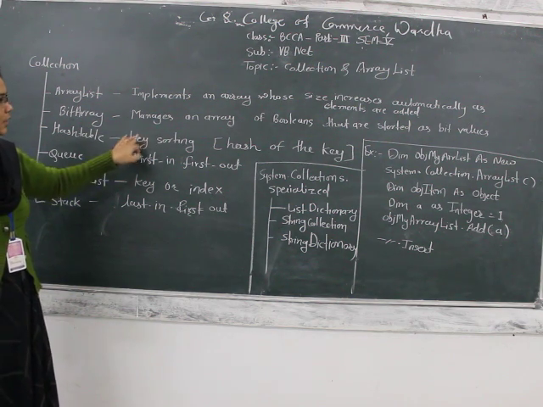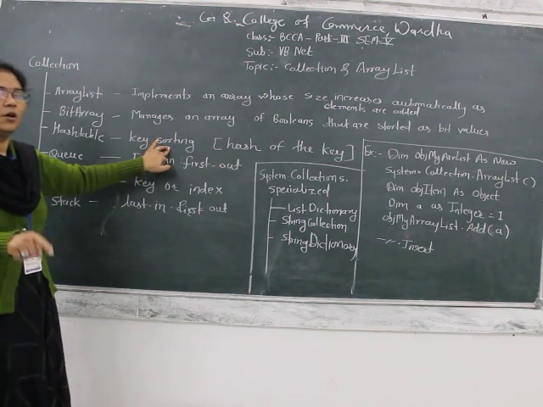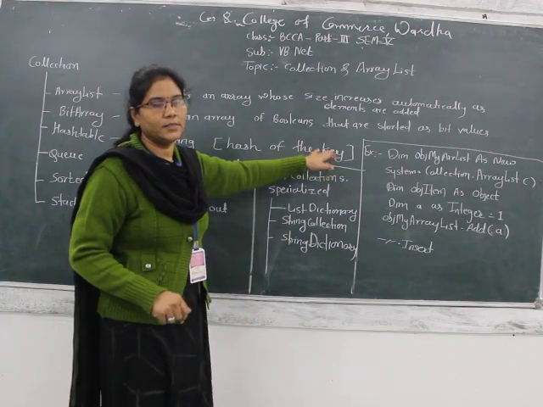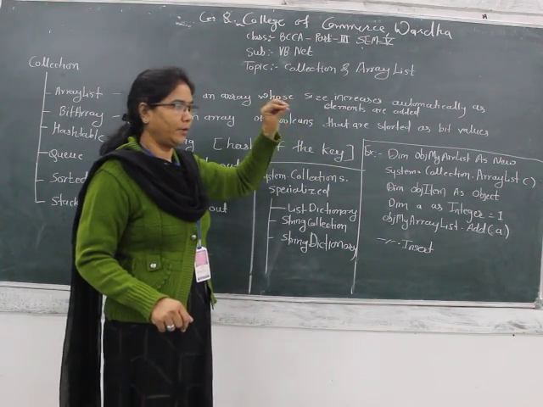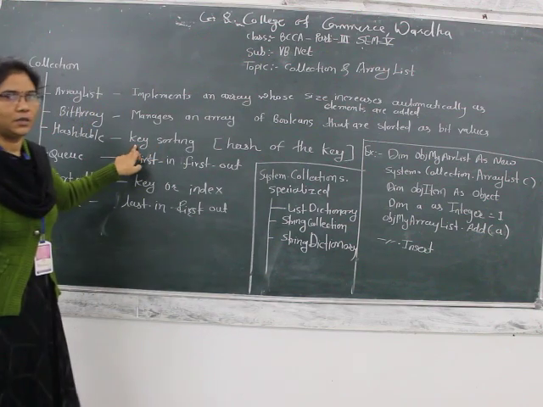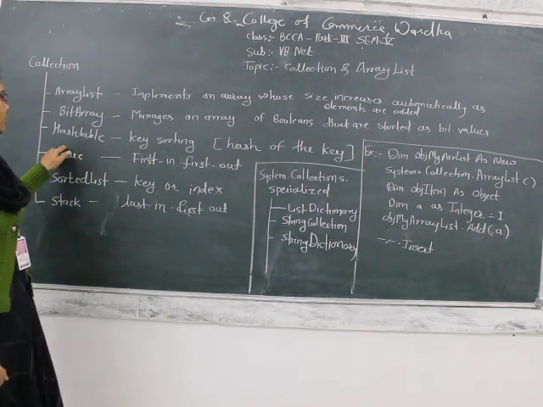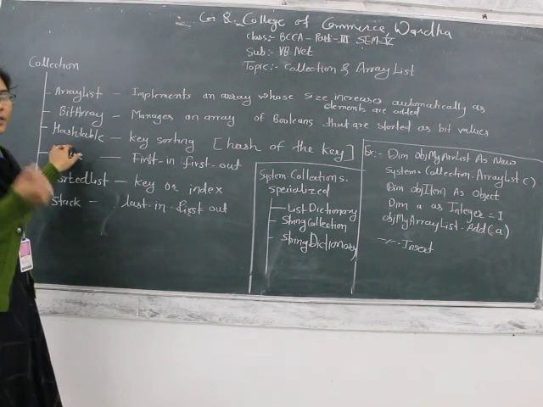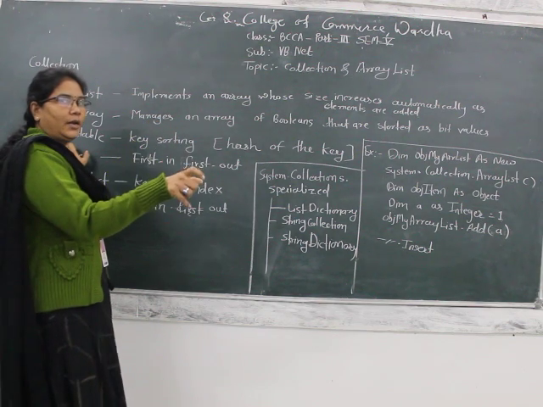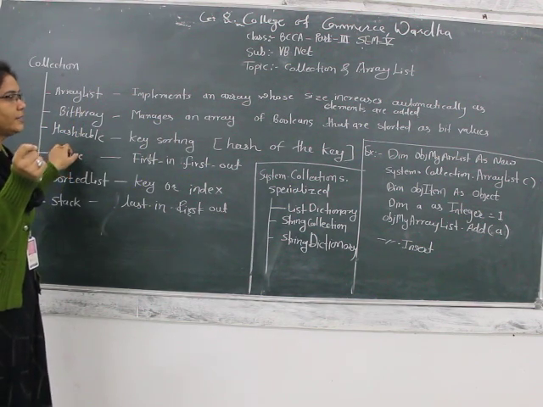This key has a sorted order, ascending or descending. So hash of the key means the particular element is identified by its key value. When we require to fetch that particular element, we just need the key or its index.